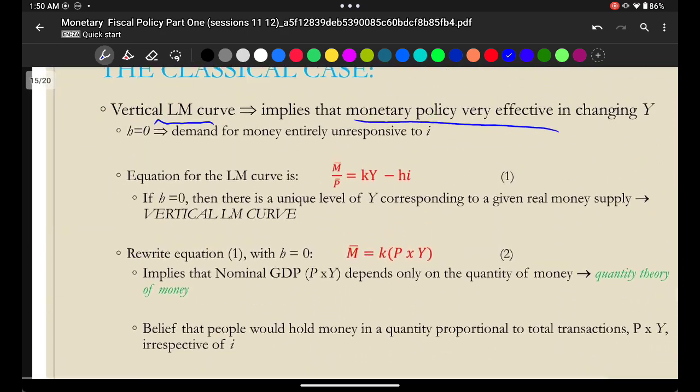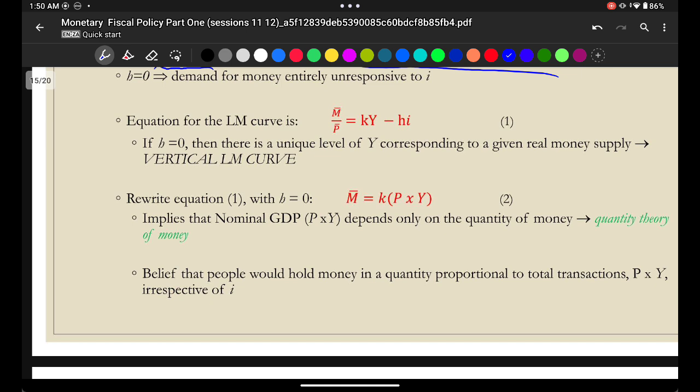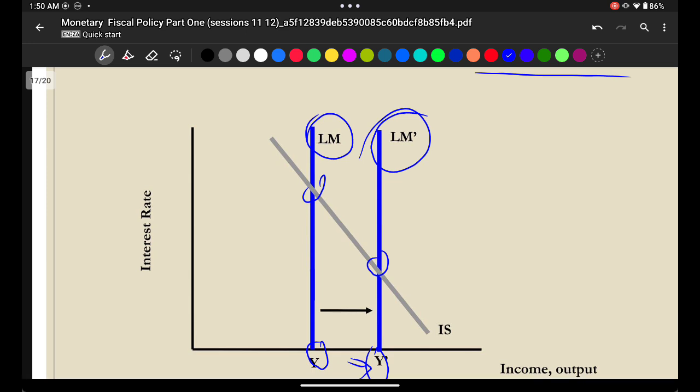Yeah, basically that's it. And this equation basically says, in the classical case, the amount of money will be equal to this. The money supply will equal this. Let's see, in the classical case, yeah, it makes sense.